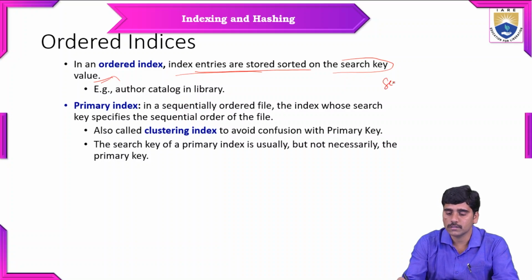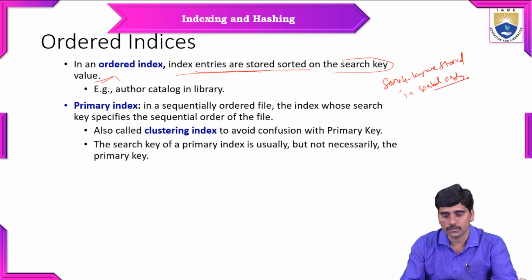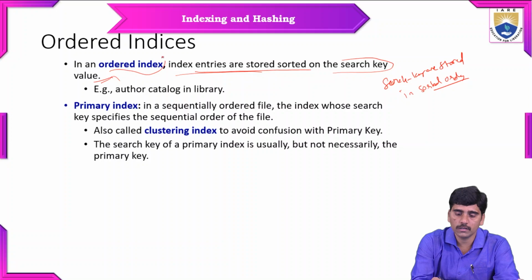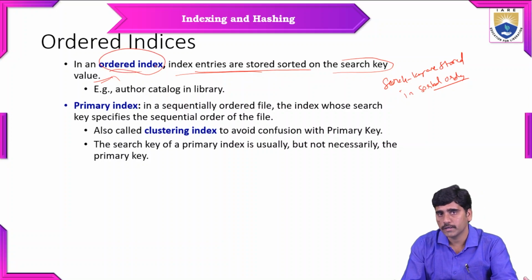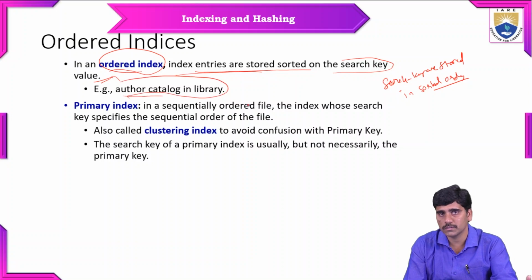All the search keys are stored in sorted order, that is, ascending order. That is nothing but an ordered index, or ordered indices. An example is the author catalog in a library: who is the first author, who is the second author, everything will be in sorted order.